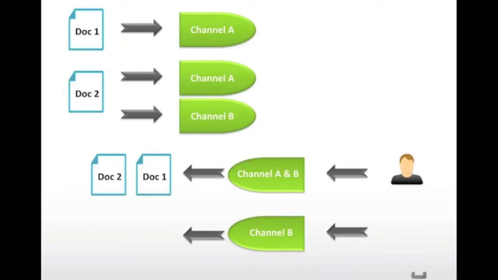So one of our users now has access to both document 1 and 2, and another. So in an abstract sense, that's how channels operate.